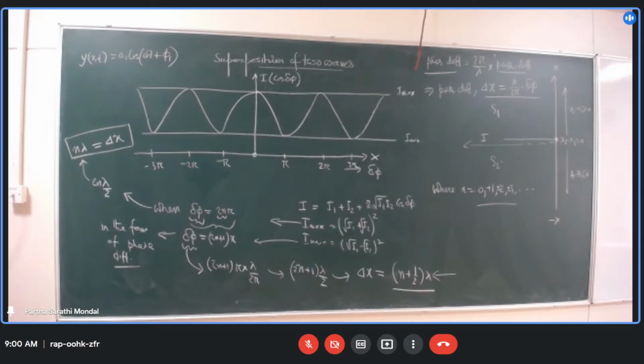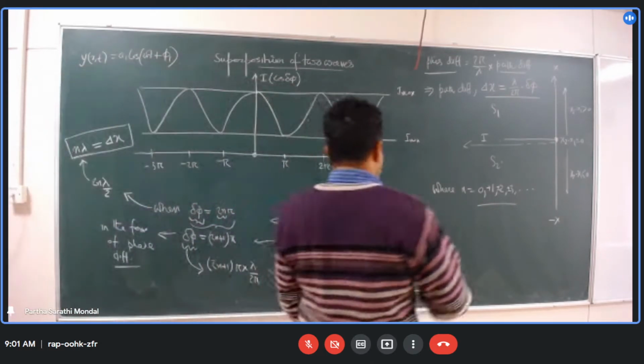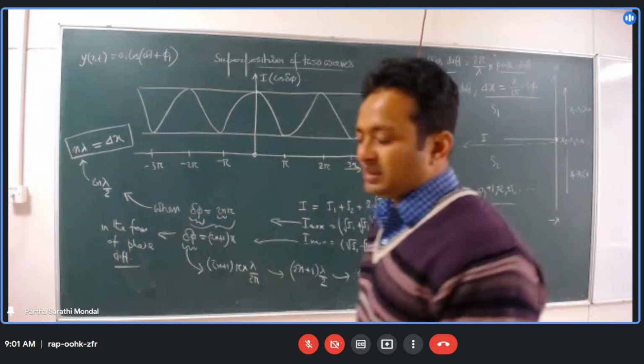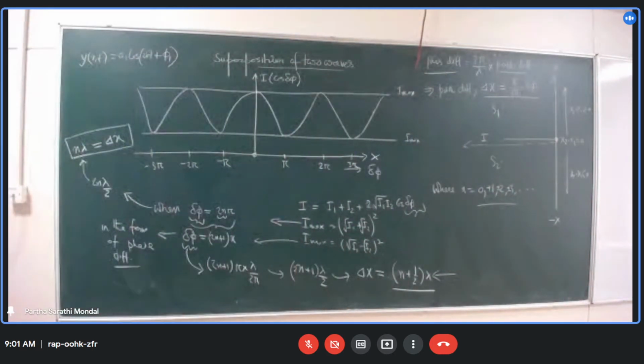So now the next thing I'm trying to say: if the initial phase difference is not constant, then what you will see in the interference pattern, we can mathematically calculate.